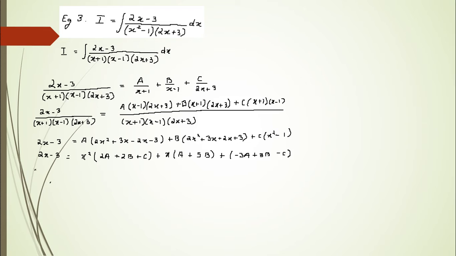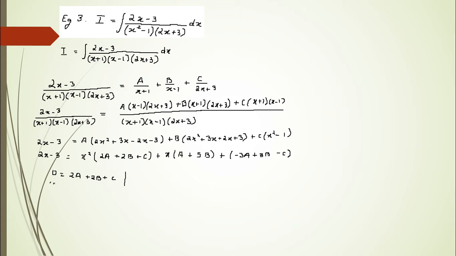Now I will compare the coefficients of x square on both the sides. On the LHS, the coefficient of x square is 0, so 0 is equal to 2a plus 2b plus c.